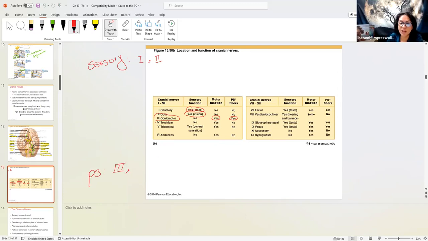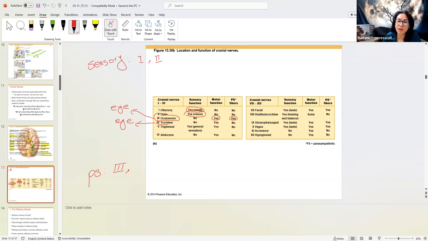Then we have cranial nerve number 4, or the trochlear nerve. This is also related to the eye movement. So far we have 2 cranial nerves related to the eye movement: the oculomotor, cranial nerve number 3, and the trochlear nerve, cranial nerve number 4.